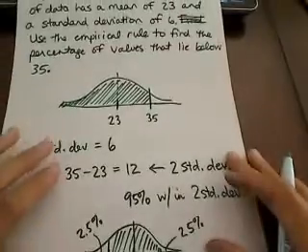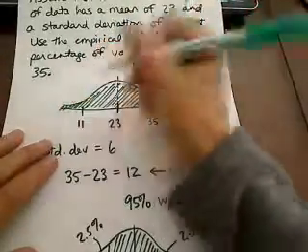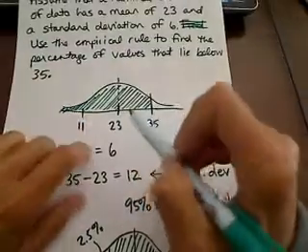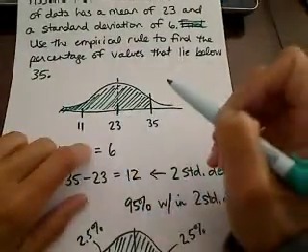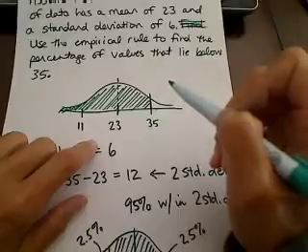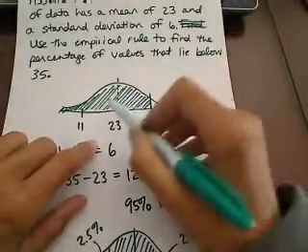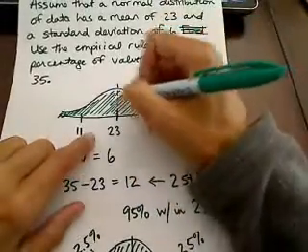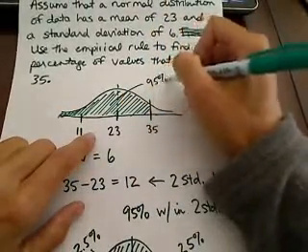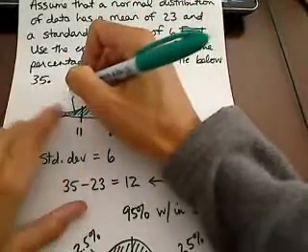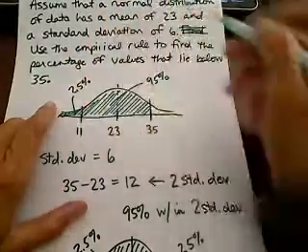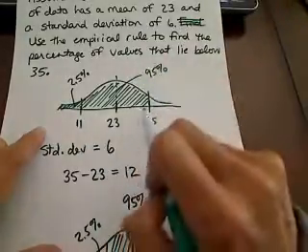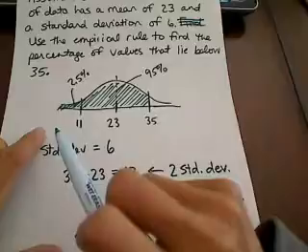For our actual answer, between the 11 and the 35, that's 2 standard deviations in both directions from this mean, and 95% of the area is falling within that region. But we also have this 2.5% here, because the way they've worded this, they want all values that lie below 35, so that's down to the 11 and then below that as well.